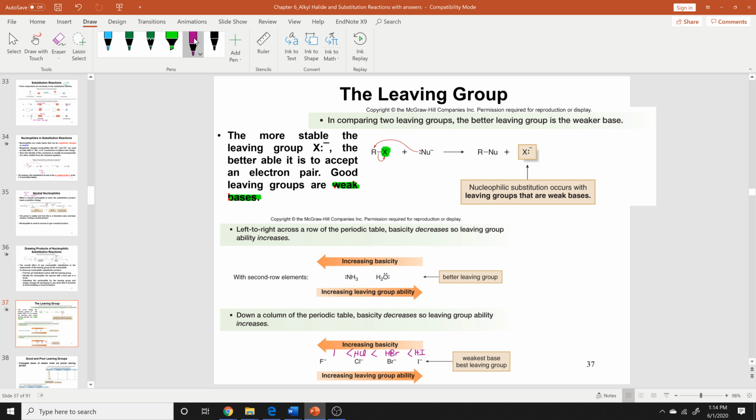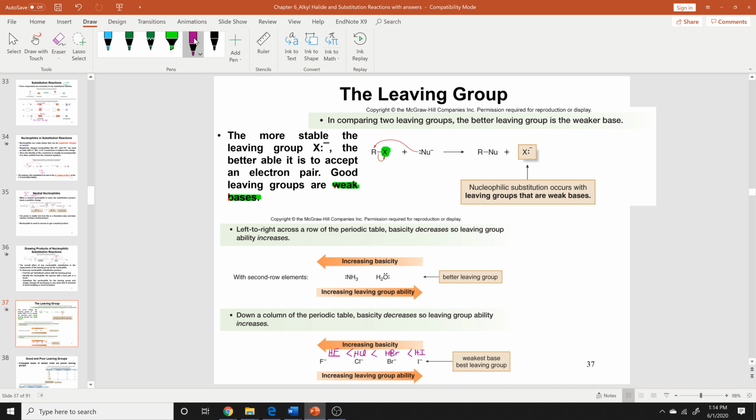HF is going to be the least acidic among them, and HI is the most acidic because the conjugate base is a larger anion. Since HI is the strongest acid, its conjugate base, I minus, is very weak. So that makes iodine a very good leaving group among all of those.